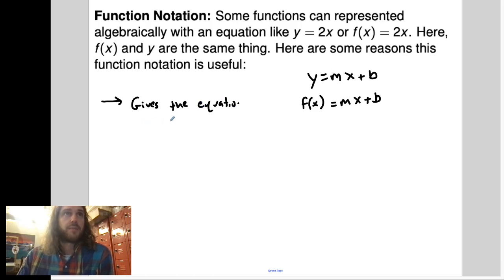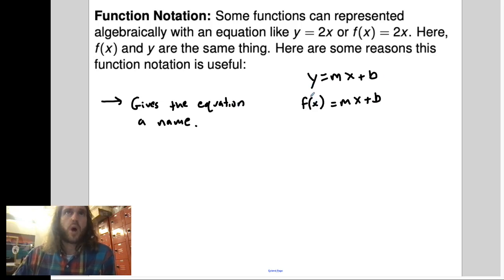I'm about to give my computer a name because it's so bogged down. It gives the equation a name so we can reference it quickly and we can compare. So we can use its name to compare other equations that are floating around.